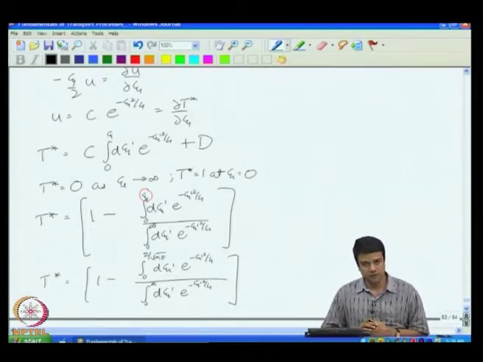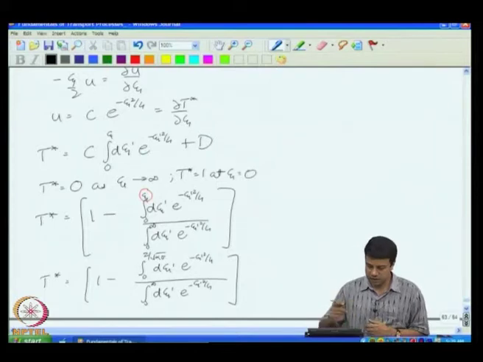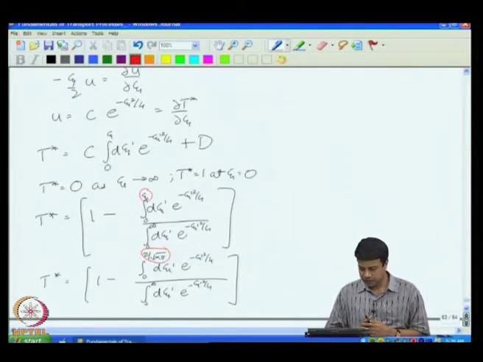The temperature field depends on position and time only through this scaled coordinate. And now, we are in a position to answer the question that we had originally asked: what is the penetration depth?